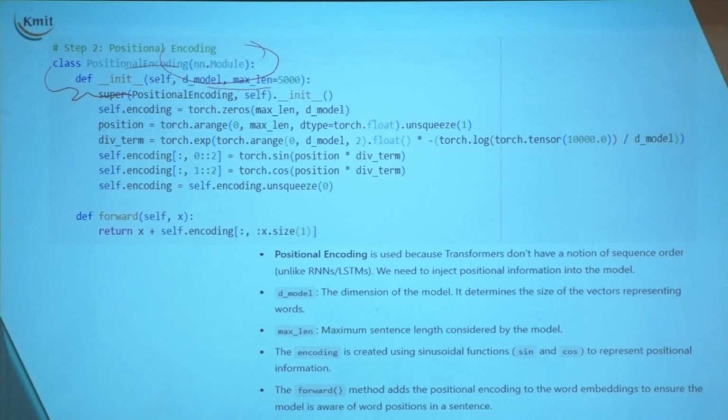Okay. Now look at the first line here. The first line starts with self.encoding equal to torch.zeros of max length and d_model. What are torch and zeros tensors is what I am telling you now.